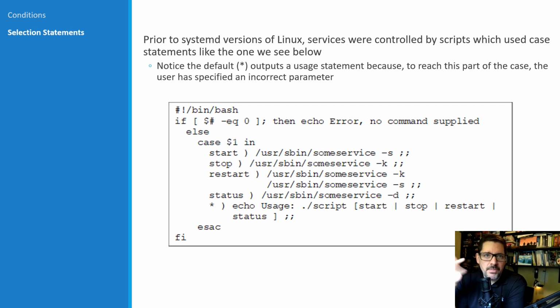A lot of bash scripting was used by system administrators just to manage these things and to create their own startup scripts and things like that. You'll see in the lab, or you already saw in the lab, that systemd works a lot differently, and these scripts have become less important with systemd for managing daemons and services. But there are a lot of other really good things we can use bash scripting for.